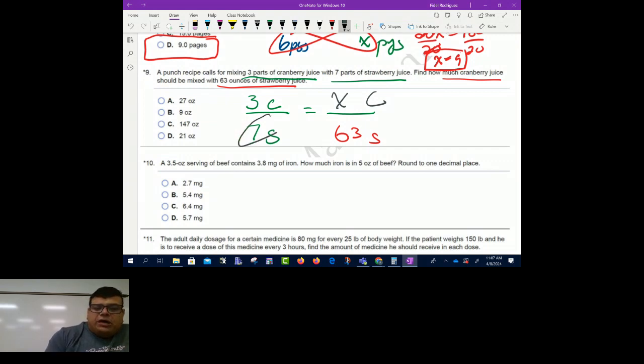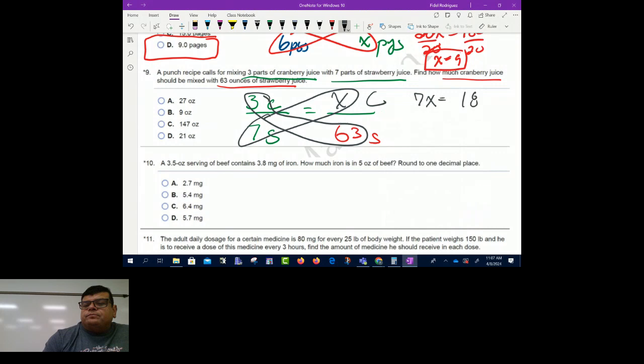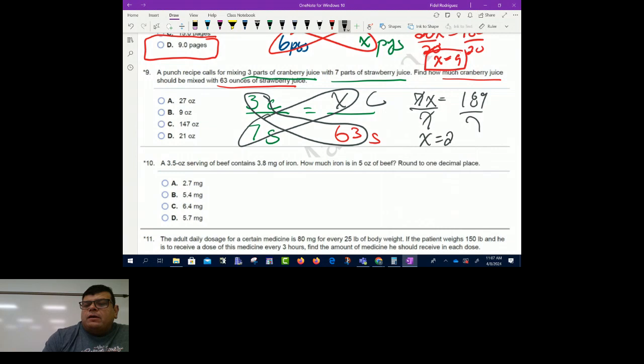Okay. So again, y'all, we're going to cross multiply. 7x equals, let's see, 3 times 63, 189. And then, y'all, we'll just divide everything here by 7. So 189 divided by 7, 27. Boom, 27. And you can see all that is my choice A.